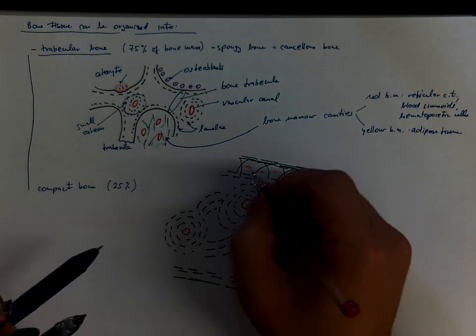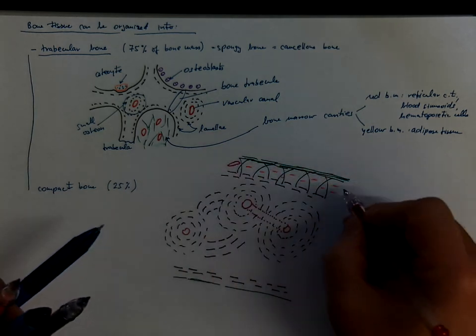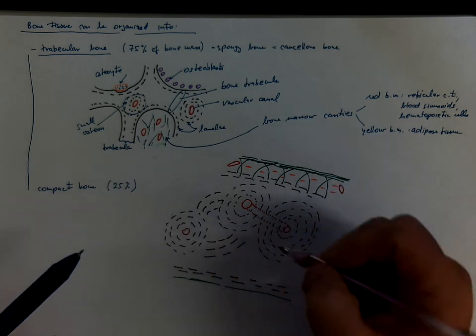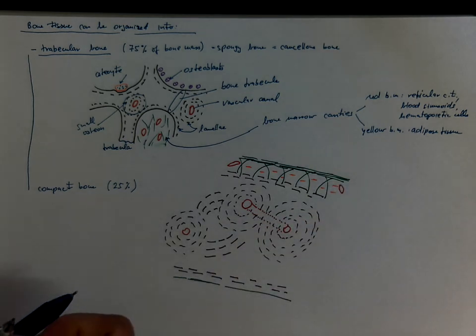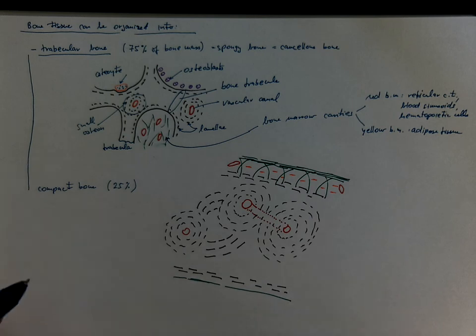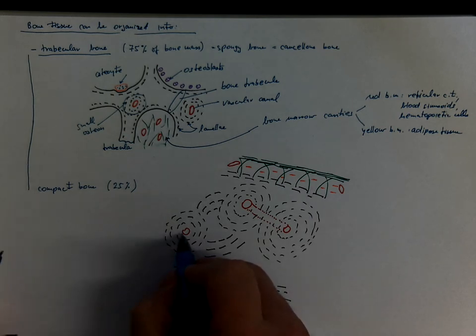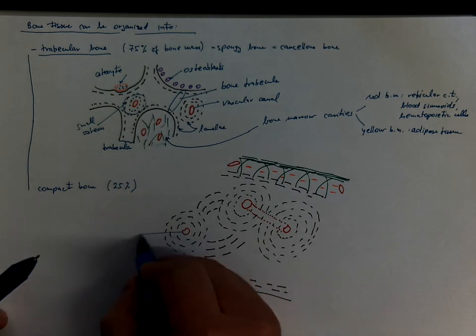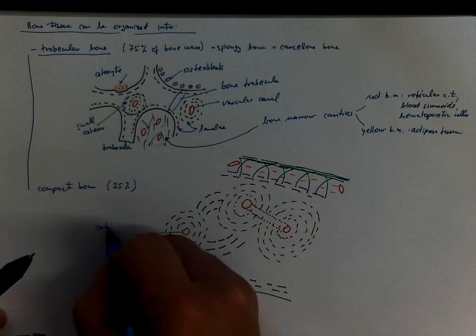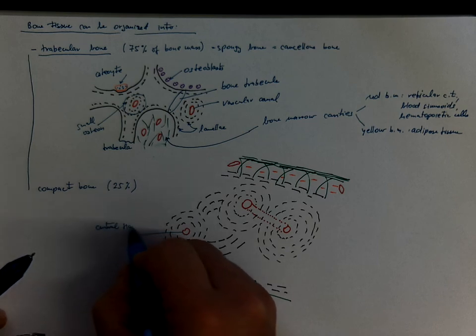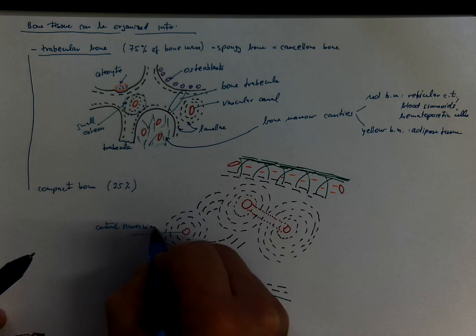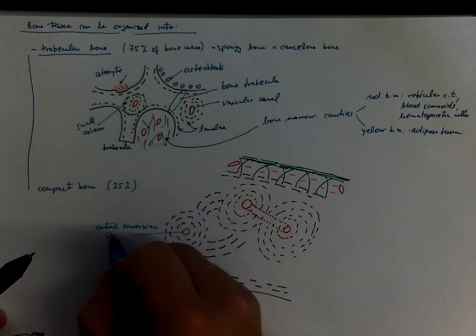So periosteum is also vascularized. Then the whole bone actually is vascularized. So let's describe it. We have the central haversian vascular canal.